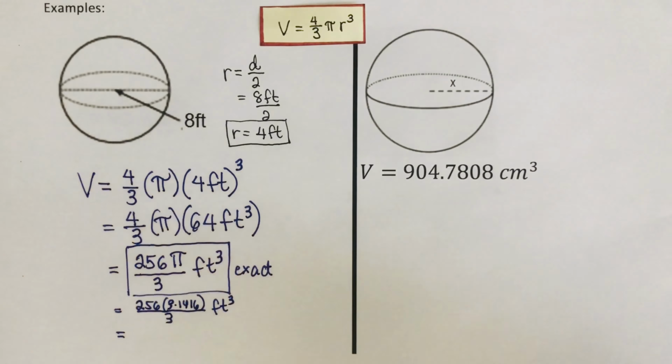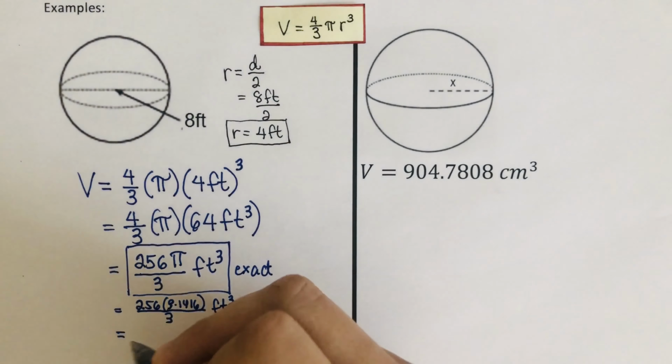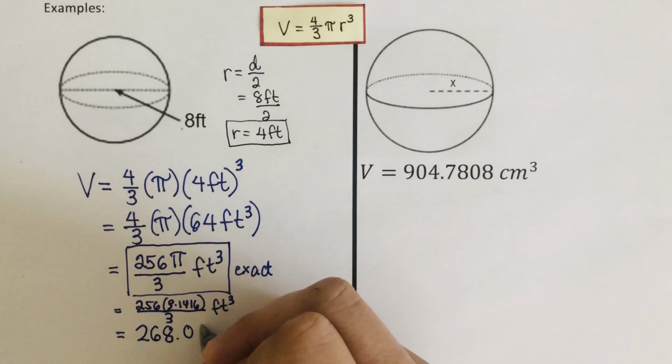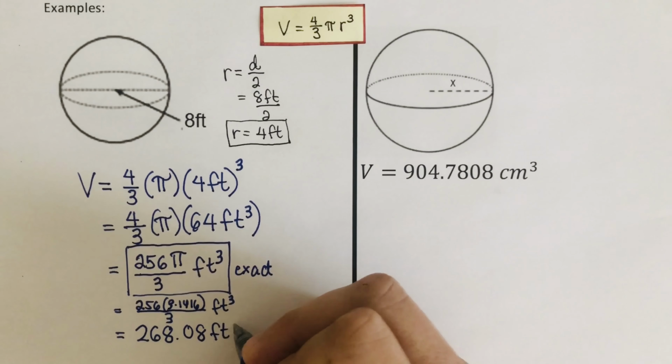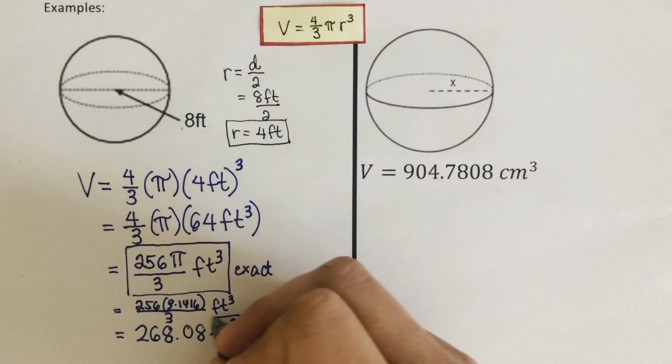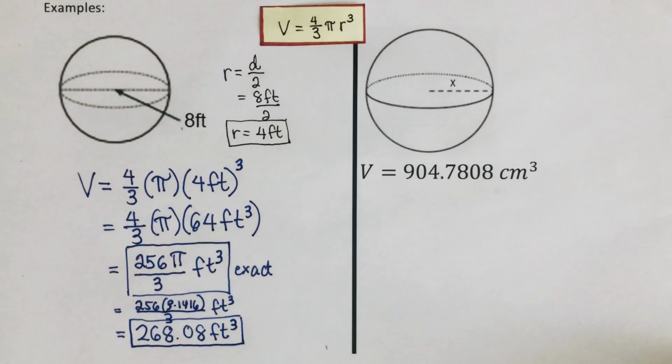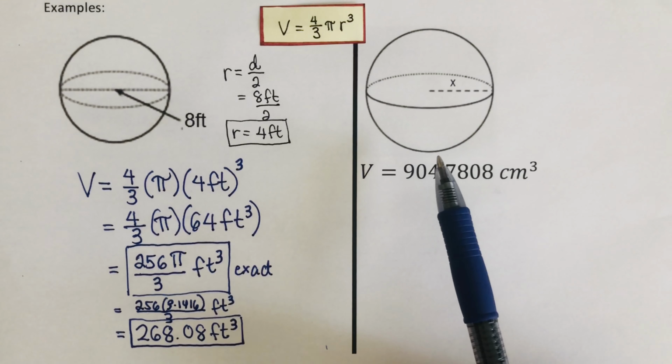If we do the math here, the final answer is 268.08 cubic feet. This is the volume of this sphere, the amount of space occupied by this sphere. At this time, I encourage you to pause this video and try the next problem on your own. When you're done, unpause it and check your answer.